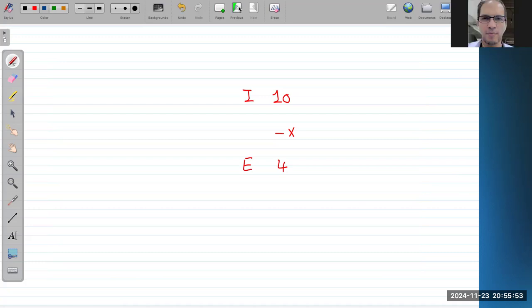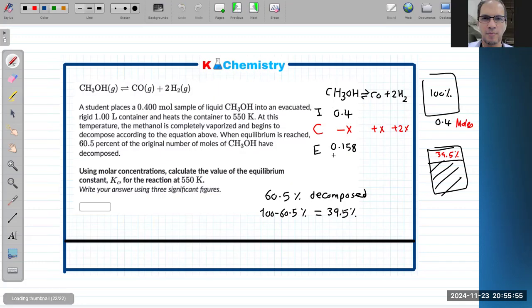Bravo, 0.242. So x equals 0.242, and x is very valuable here because this is the amount that will be increased here. Did he say I put anything at the beginning? No. Here 0, 0. So if I lost 0.242, I also gained 0.242 here, plus 0, that's 0.242.